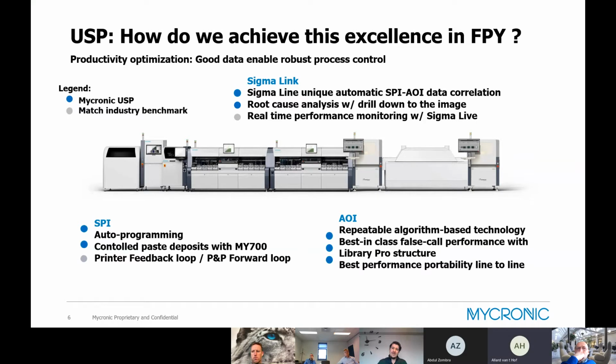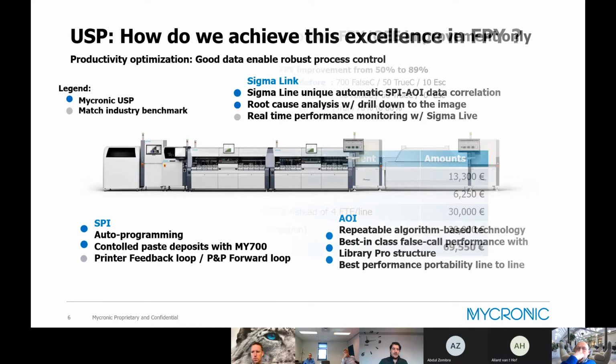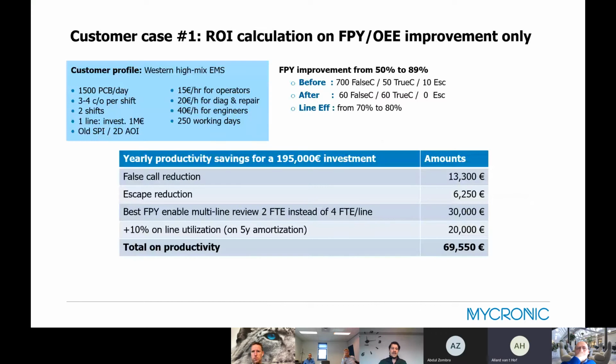Also a very small number of false calls. There's no machine in the market with no false calls at all, but very few, and a very strong library structure with tools like Library Pro, which I presented already, I think, in the last webinar. So let's go to the first calculation.